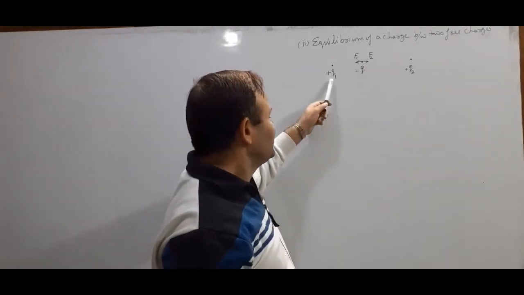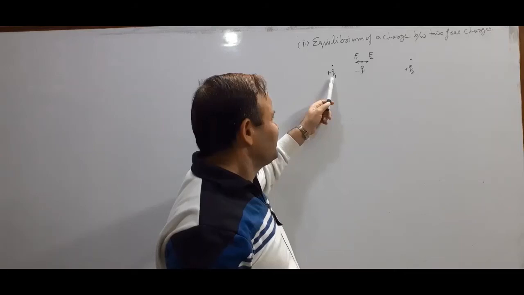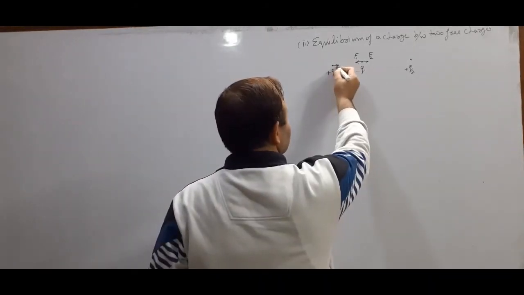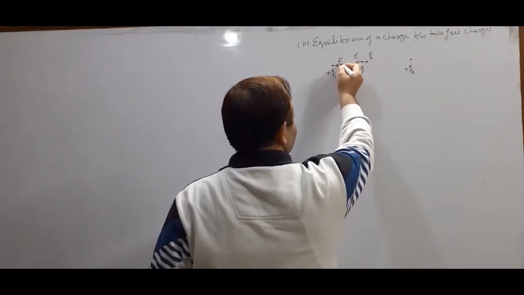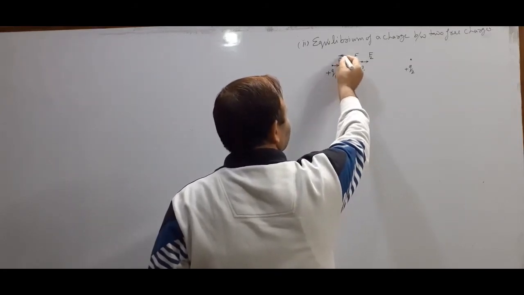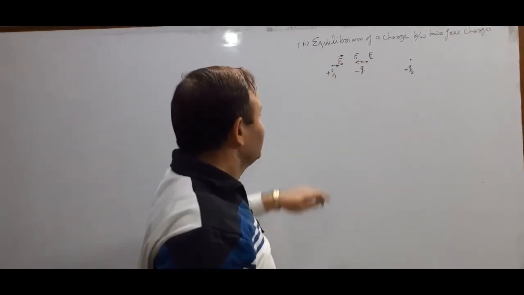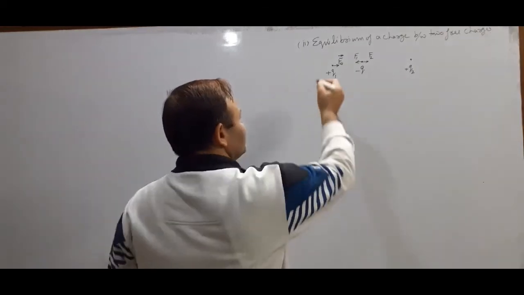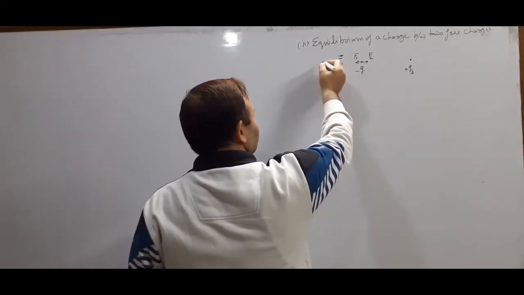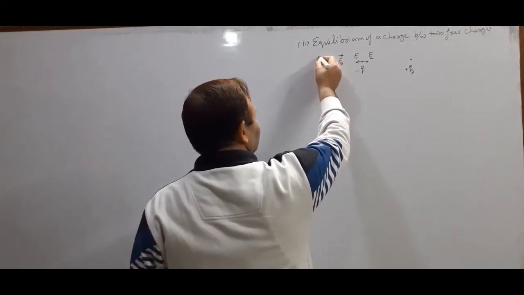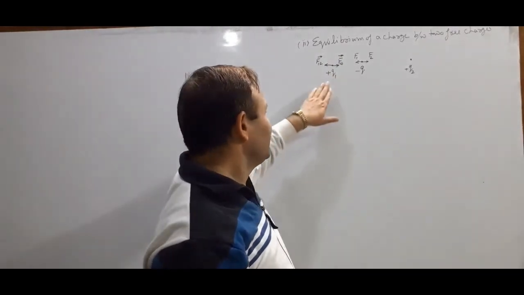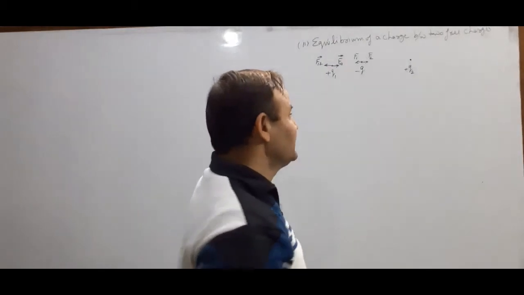Similarly, Q1 will experience attraction due to minus Q. So this force is F10, and force on Q1 due to Q2 is F12. Then these two forces being in opposite directions, equilibrium of Q1 is also possible.